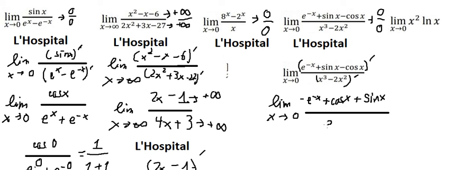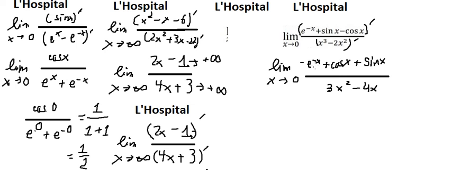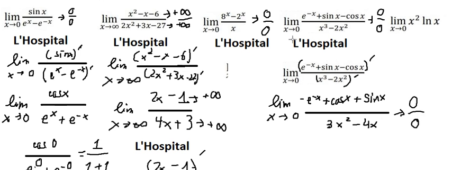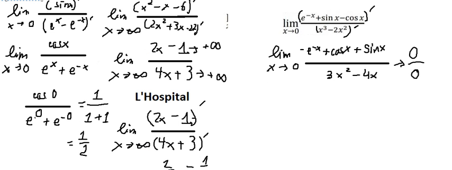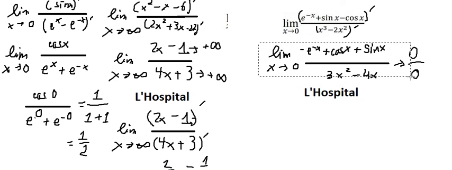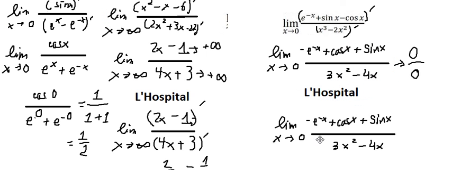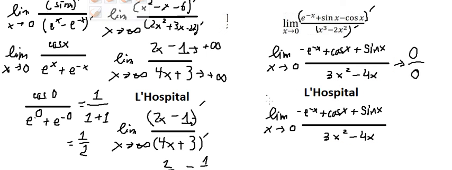This one gives 3x squared minus 4x. Now if we put 0, they still give 0 over 0. So we continue to use L'Hospital and take the first derivative of the numerator and denominator.